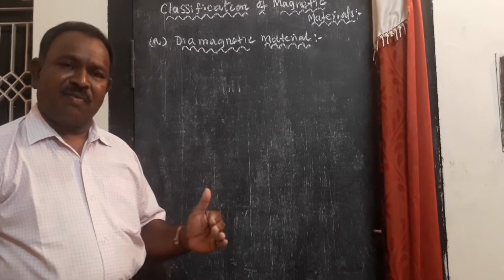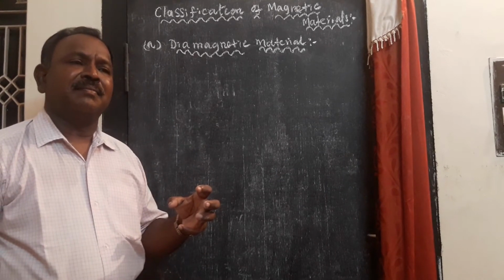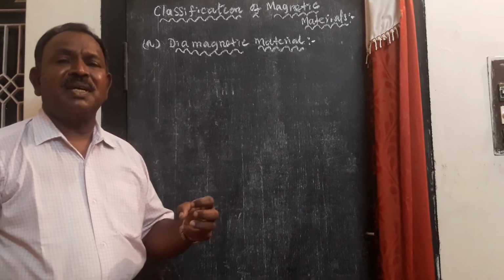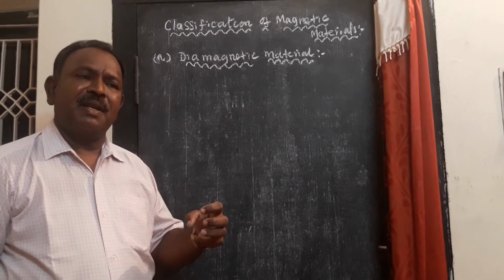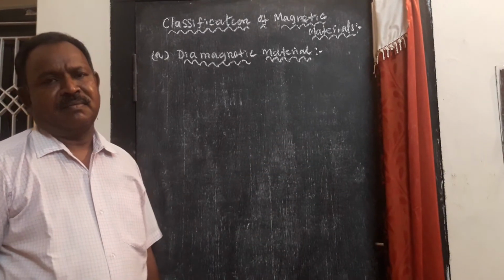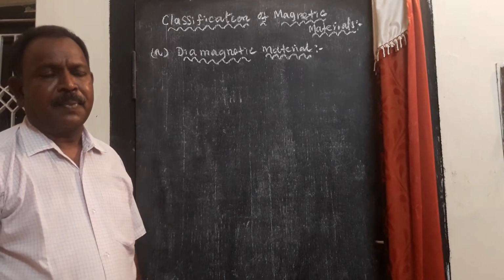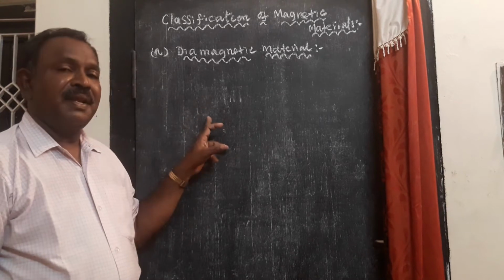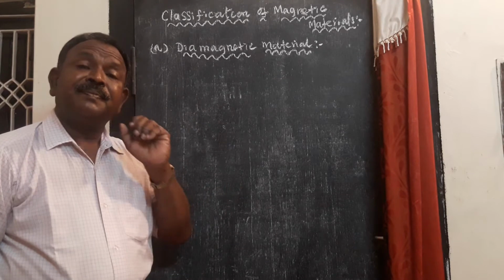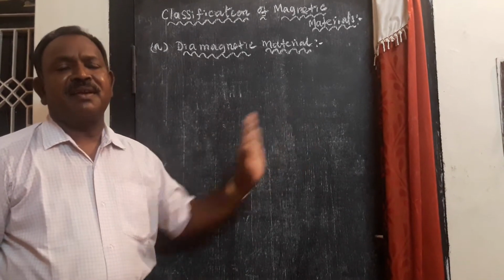As a result, what will happen? When it is kept in a non-uniform magnetic field, this magnetic material will experience a force which makes the magnetic material move from the stronger region to the weaker region.